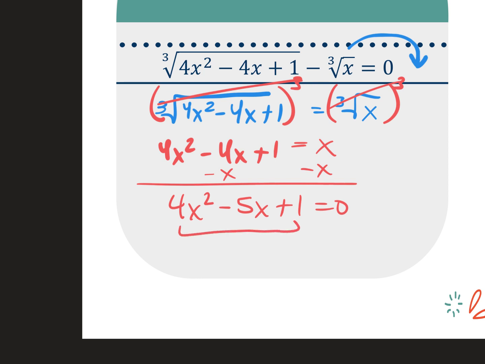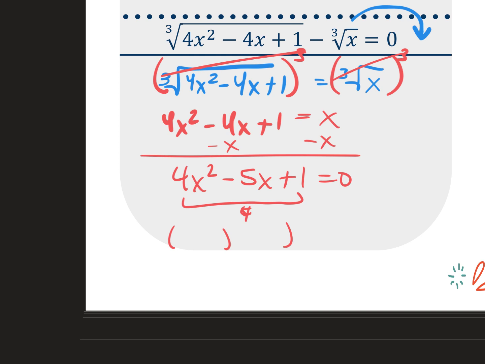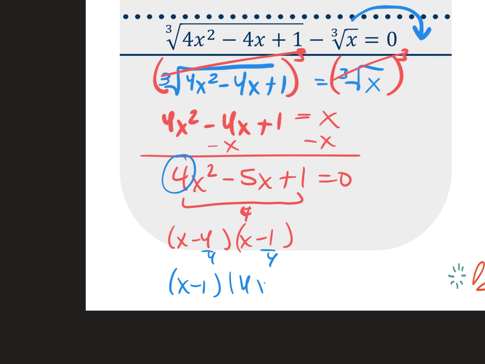What are the factors of 4 that will multiply to give me 4, but add to give me a negative 5? Minus 4 and minus 1. And then what do I need to do here? I have to divide both by 4, because the a term is not 1. So I'm left with x minus 1 and 4x minus 1 equals 0.